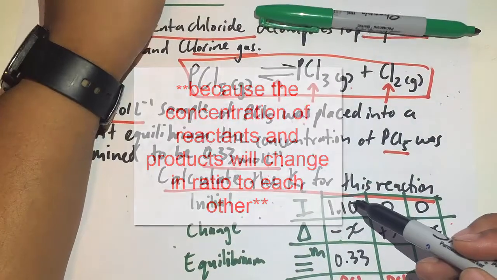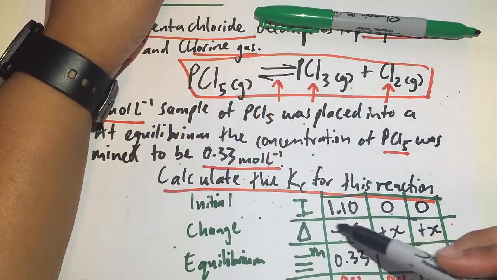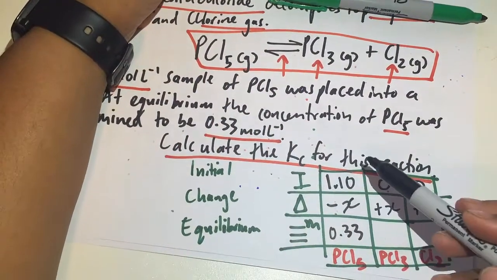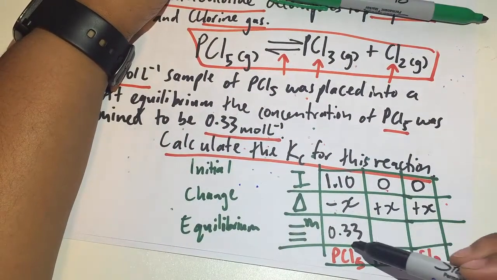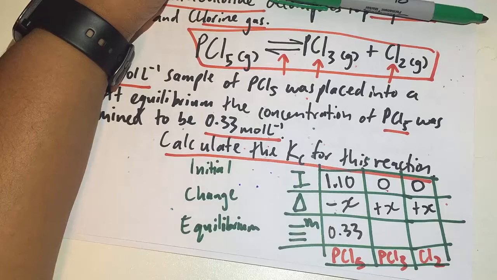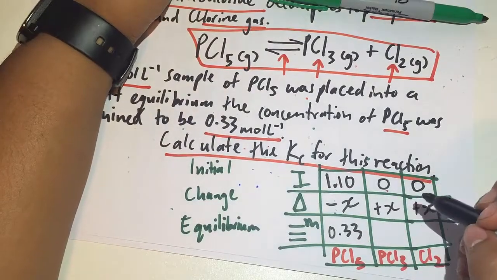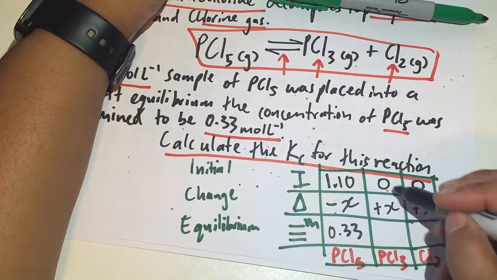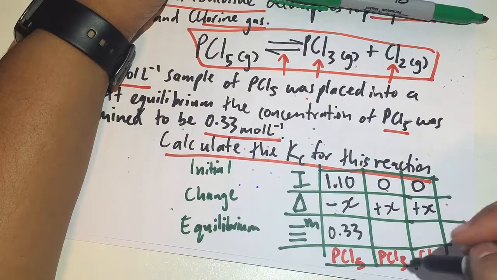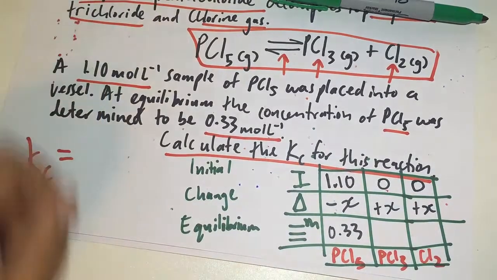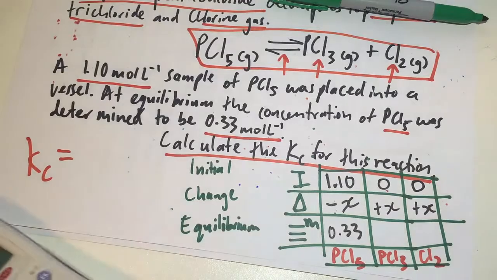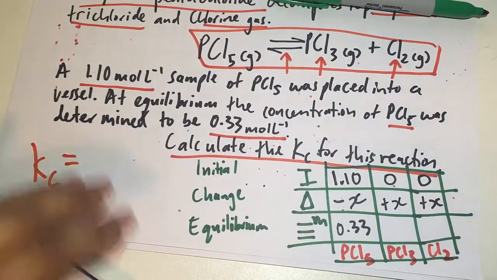Now, if we know that we started off at 1.10, we minused a number and got 0.33, we can work out what that X is, and that gives us an idea of how much the PCl3 and the Cl2 should have gained. So let's first do working out X.